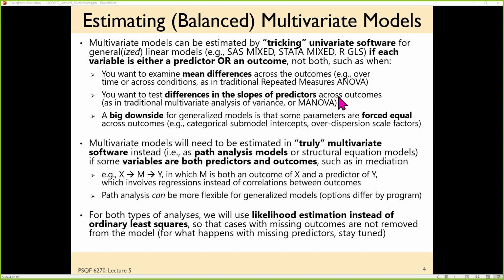The other piece is that traditional repeated measures ANOVA only has two choices for the type of dependency that you can have, whereas modern approaches to longitudinal data, of which repeated measures would be one subset, have lots and lots of choices. So the choices within traditional approaches that use least squares are limited because they use least squares. So we're doing everything with likelihood so that we've got maximum flexibility.